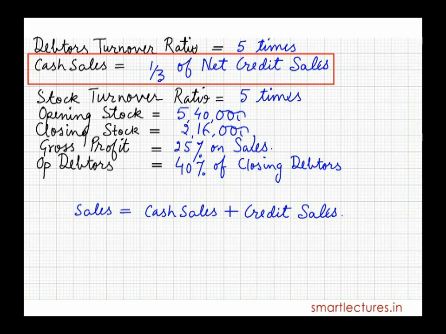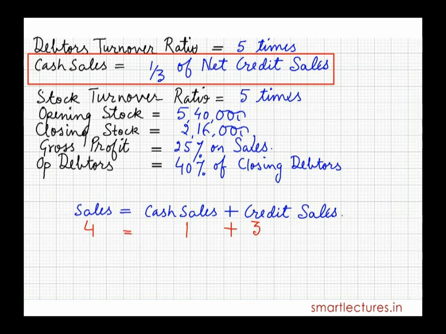Suppose credit sales is 3 rupees. In that case, the cash sales will be 1 rupee. So total sales will be 4 rupees. So it means 1/4 is the cash sales of total sales and 3/4 is the credit sales of total sales.